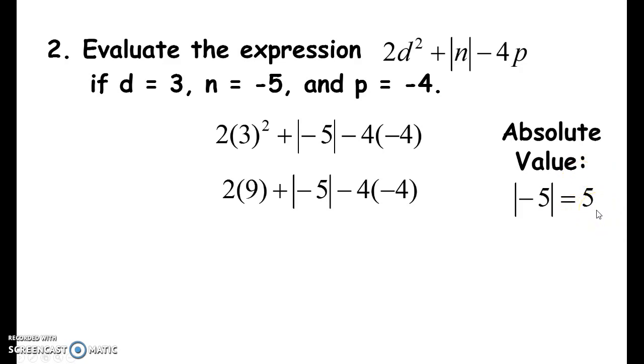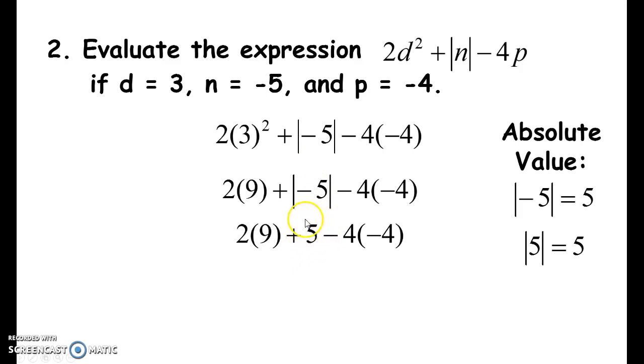They're both positive. Distance is always positive. So no matter whether I ask you for the absolute value of negative 5 or the absolute value of positive 5, the answer is both positive 5. All right? It does not change the sign. It makes the sign positive. So this right here simplifies to positive 5.